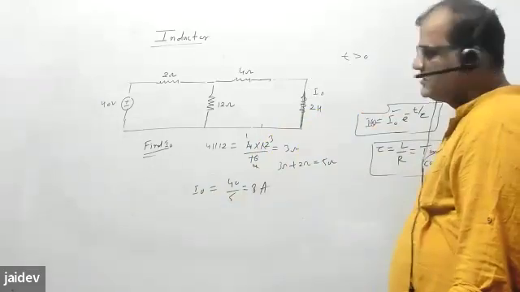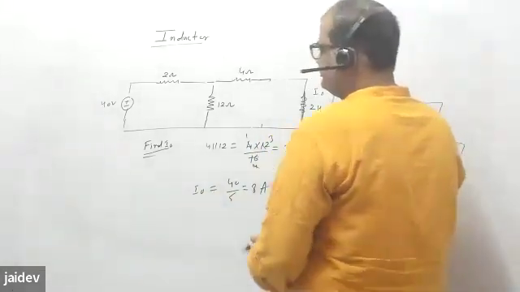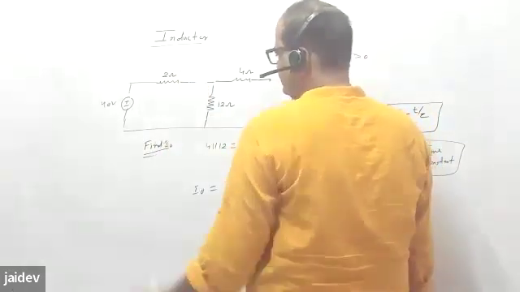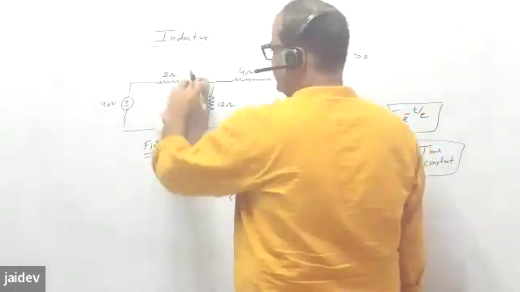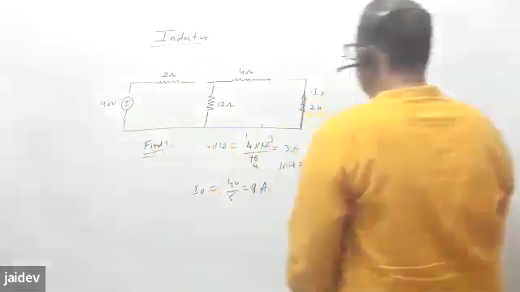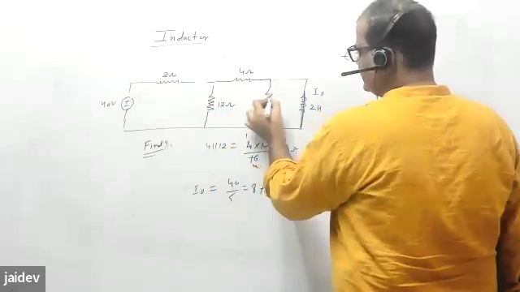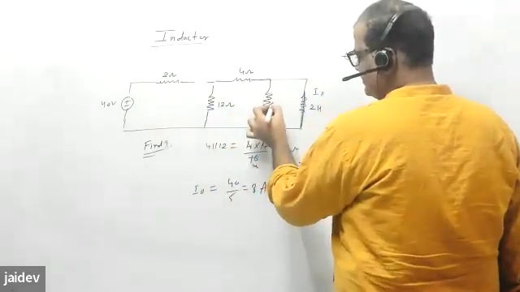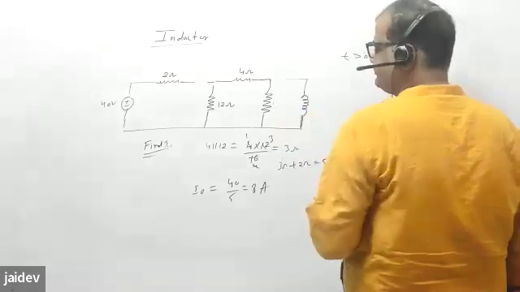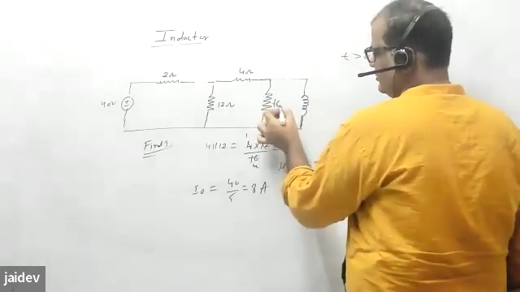Now the second part is that you have to remove this circuit. You have to open this one. So once you open, this part will be removed, and now you have to connect back all the resistance. What is the value here? 16 ohm, 16 ohm.